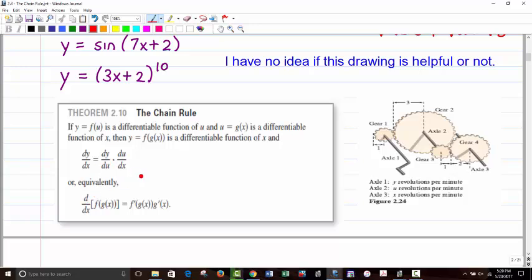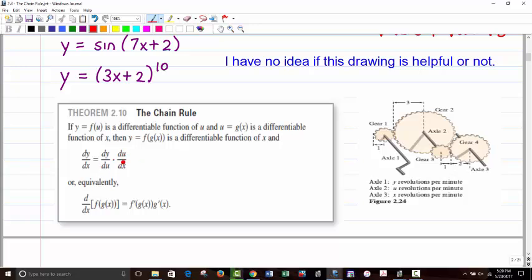Well, there's two ways, and we're going to see a little more direct way to do this. This is more the formal chain rule method, but we're going to have what's called a general power rule here in a second. I show some examples using this chain rule method, but it's not imperative that you do it that way. But this is true. It's basically saying that dy dx would be dy du, in other words, derivative of y with respect to u, times du dx.